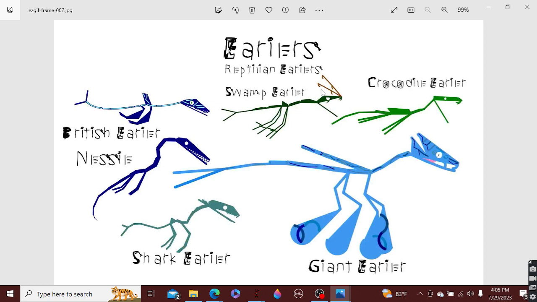The shark Eariers are ferocious predators, even though they don't really target humans. They are voracious and are extremely quick. So more pursuit predators. Yeah, they mainly hunt via pursuit predation. Think of them as reptilian mako sharks.